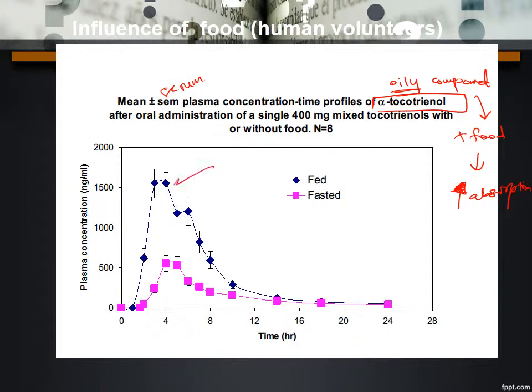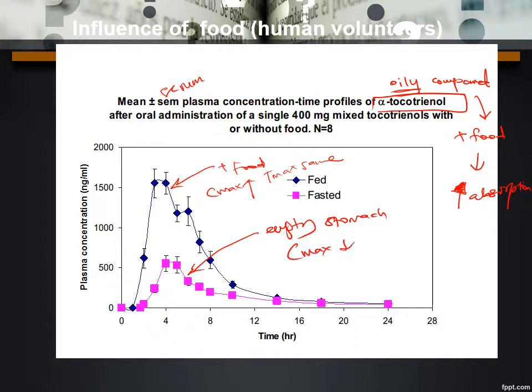When it is given with food, as expected, the Cmax increases, Tmax the same. When the compound is given on an empty stomach, Cmax is low with the same Tmax.